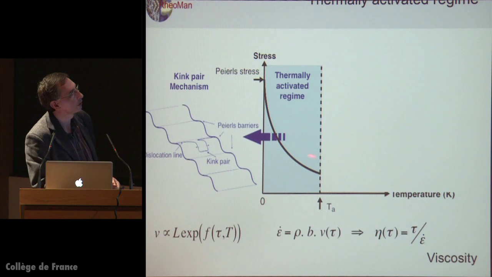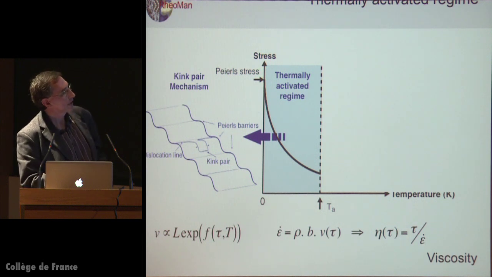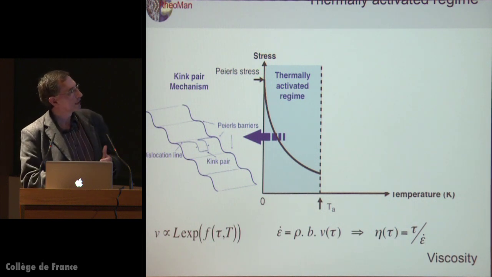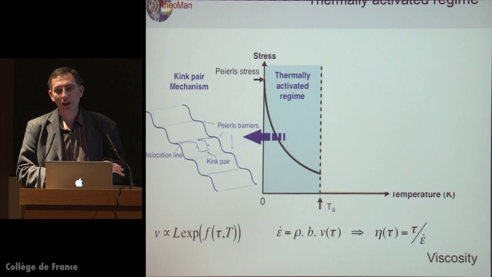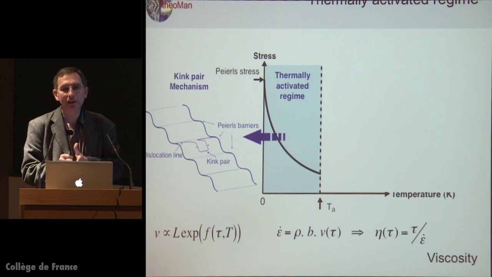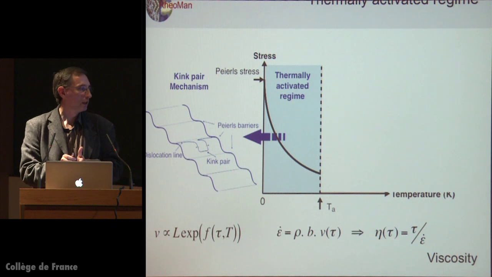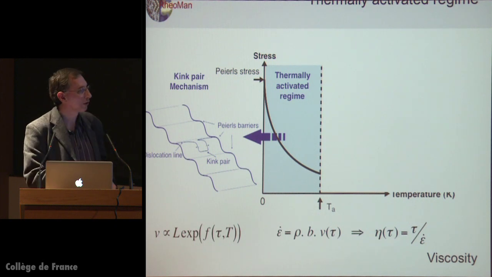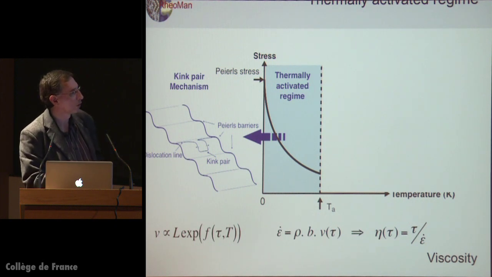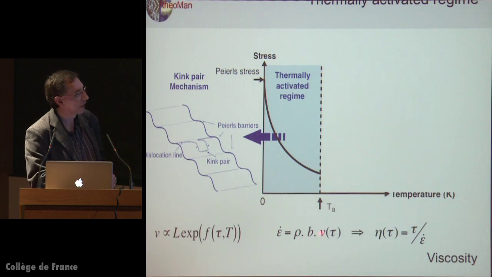This is what we call the thermally activated regime. And in that case, it's quite easy because basically the dislocation struggles with the lattice, and we can just add linearly the contributions of each dislocation. This is what we call the Orowan law. This is the number of dislocations, if you like, the amount of shear, and the velocity of the dislocation.